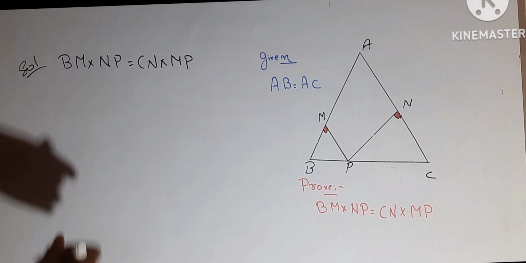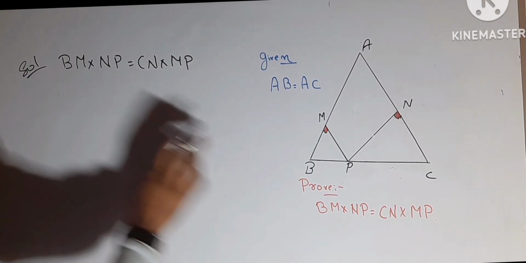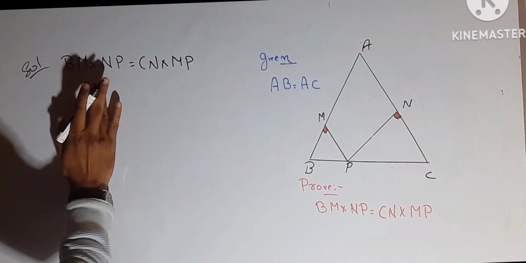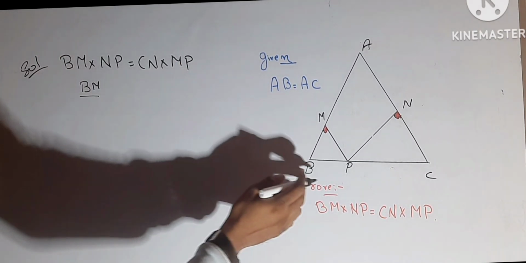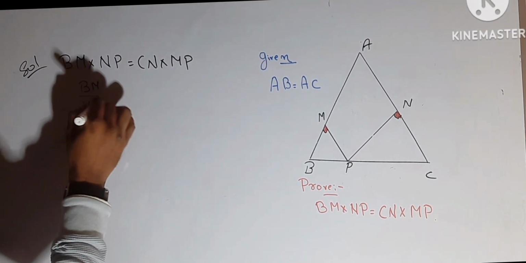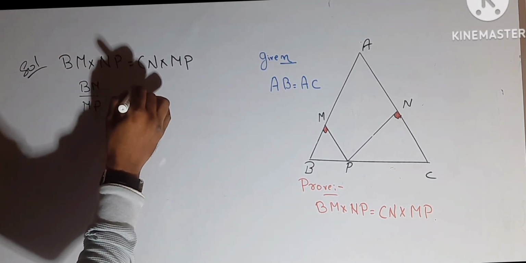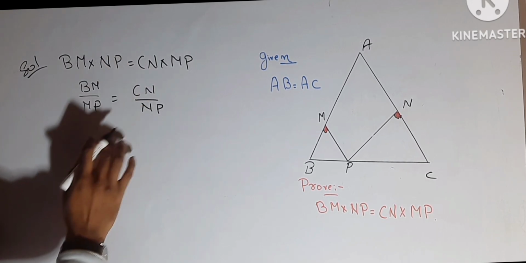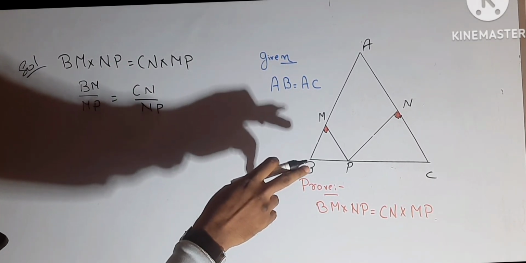So the same drill. So BM, if you look, BM means this triangle. BM is there, and BP will come, which is not there, and MP is there. So BM by MP is equal to CN by NP.